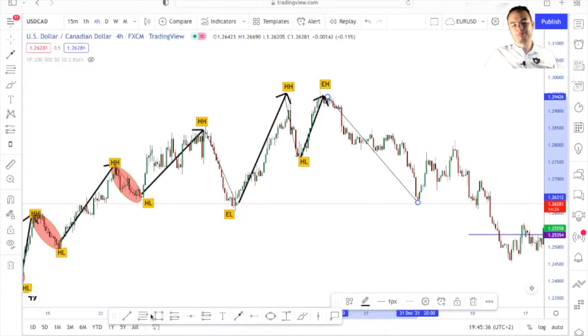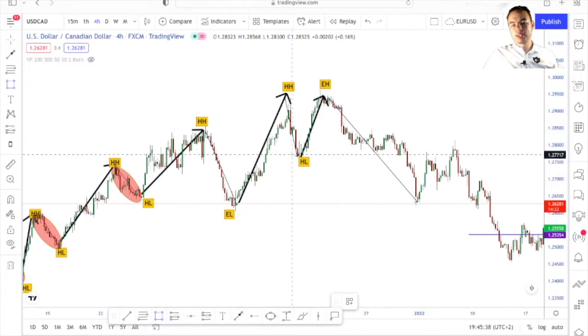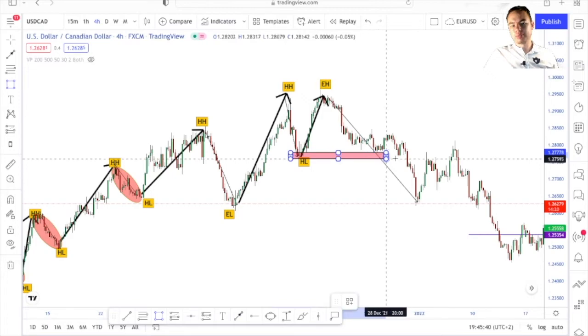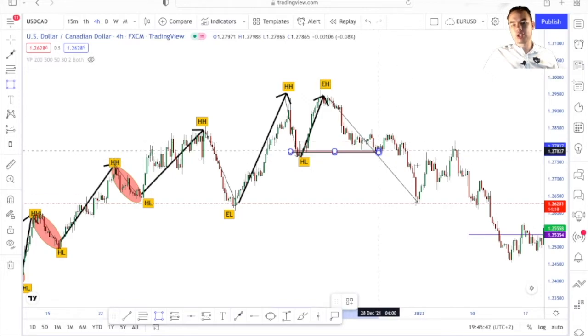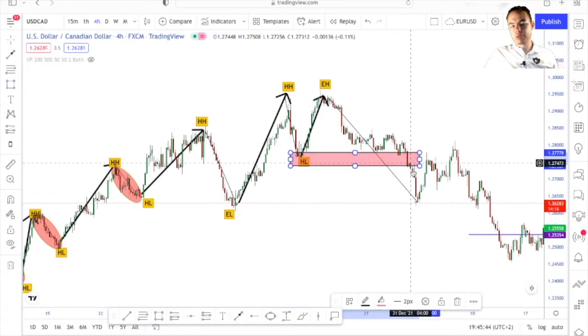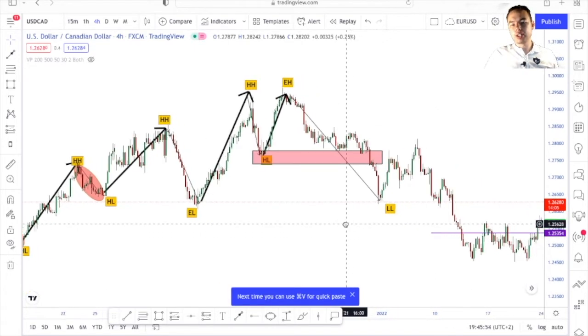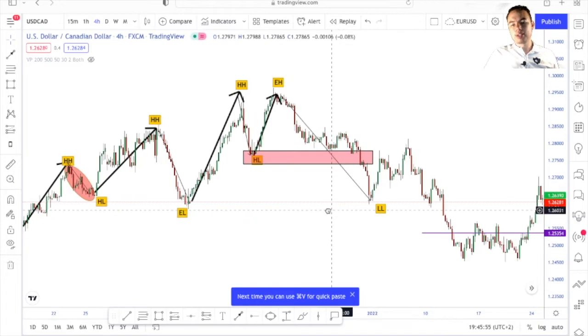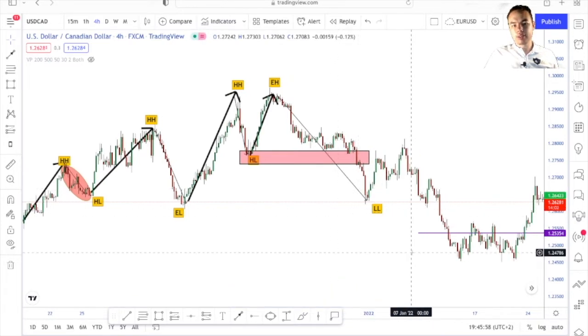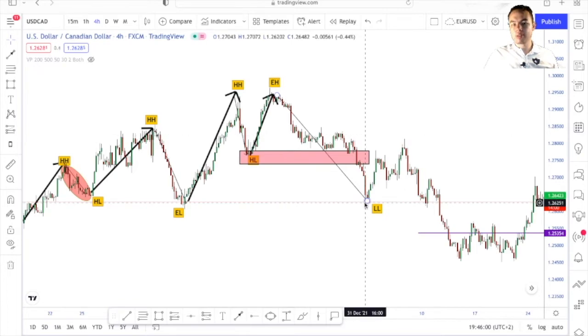This is the previous higher low. As you can see, price broke below it, forming a lower low. So that is an indication that price is reversing from an uptrend to a downtrend.